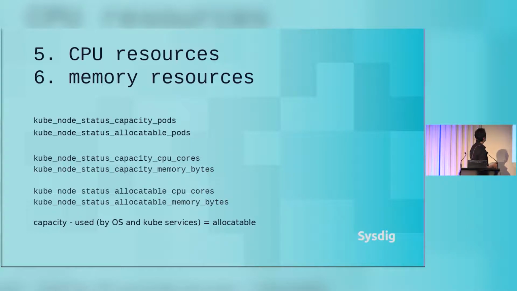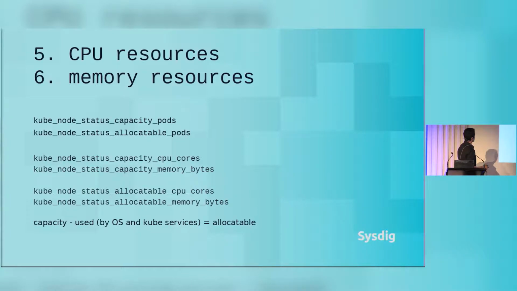In this case, you have capacity: how many allocatable pods you have, memory bytes, and cores. Basically, capacity minus usage is whatever you can allocate. And that metric is really important.